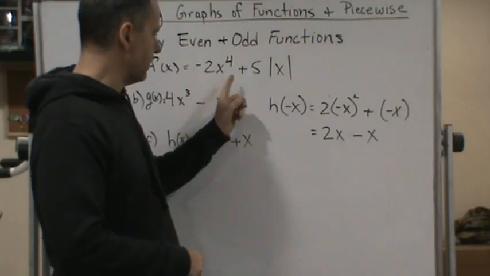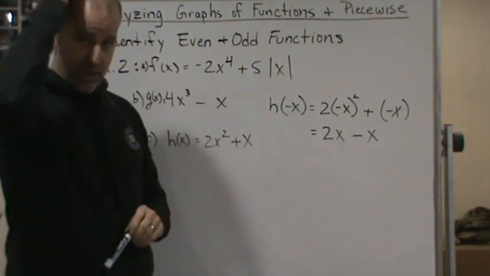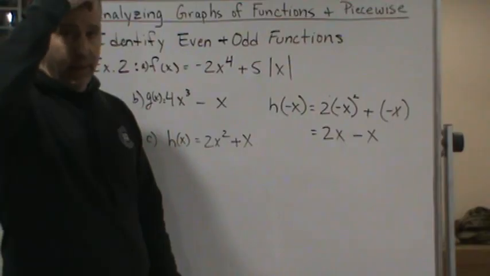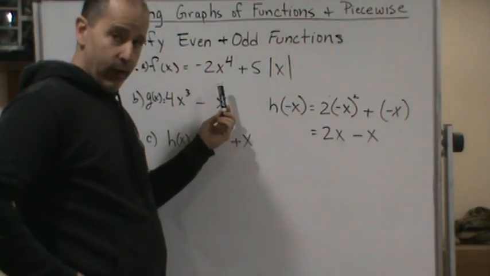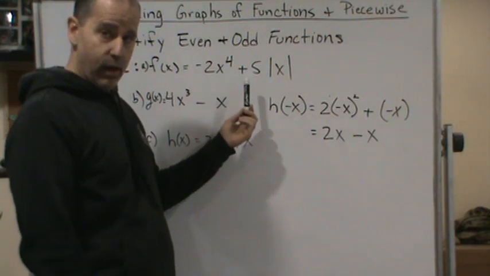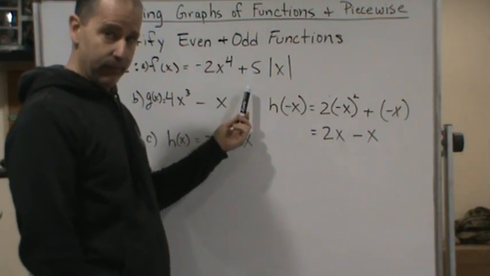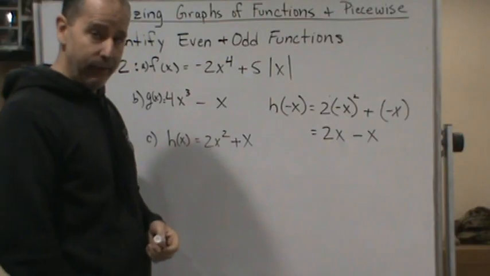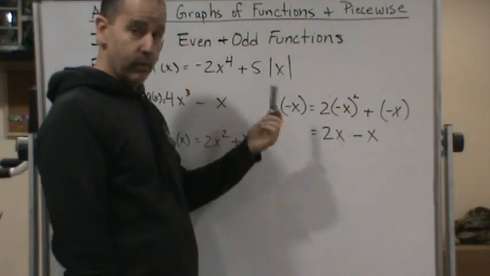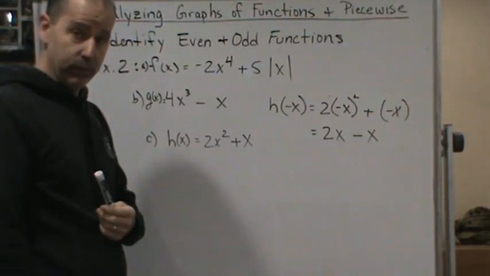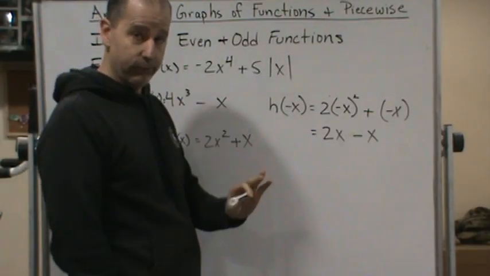So if we replace these with negative values, they will always end up being positive. So in the case that we have a function where all the exponents of the variables are even or absolute value, we're going to end up with an even function. Those will always be even functions.